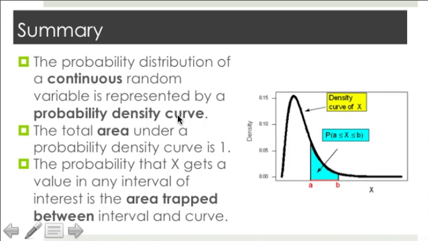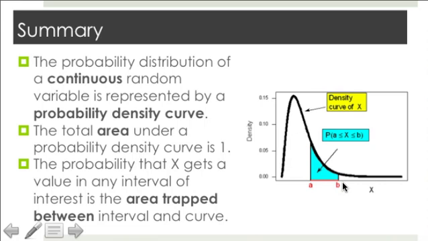So over here, if we look at this picture, here is a density curve for some continuous random variable, which we call x, and here's some interval for values of x. If we want to know the probability that x is between a and b, then we would be looking at the area that is trapped between the density curve and the interval itself between the values of a and b. And of course, this is the blue shaded region you see here.